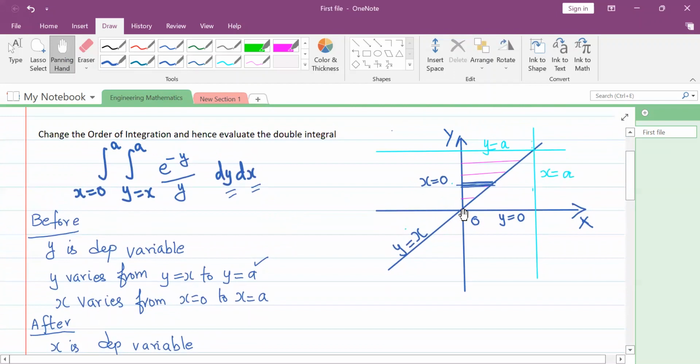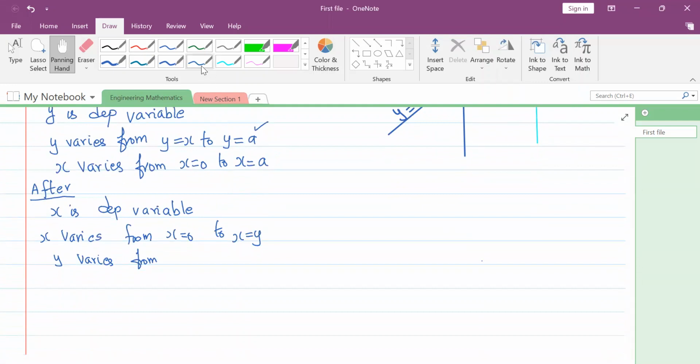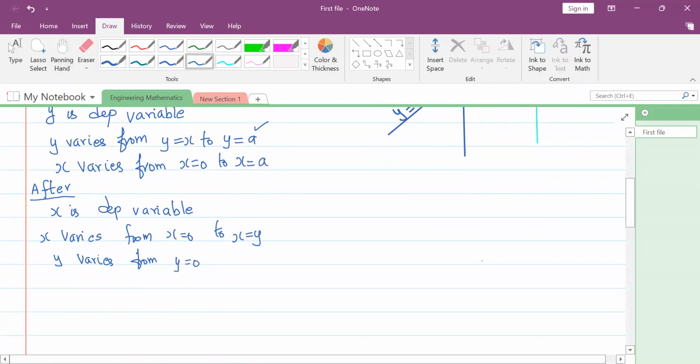So our region's starting point is the origin on the y axis and the ending point is y is equal to a. In your region, the starting point of y is 0 and the ending point of y is a. So this is what I'm going to write here for y limits: y varies from y equal to 0 to y is equal to a.